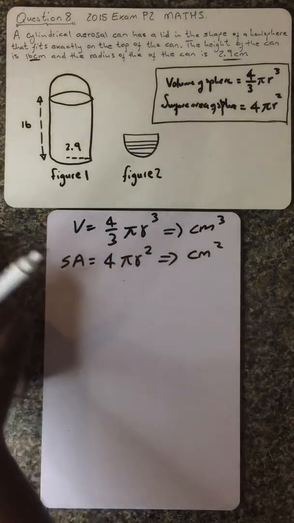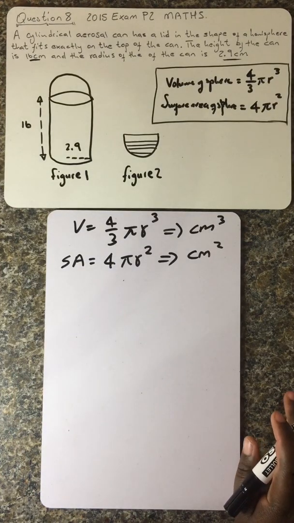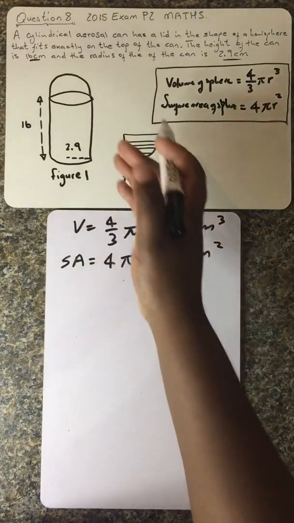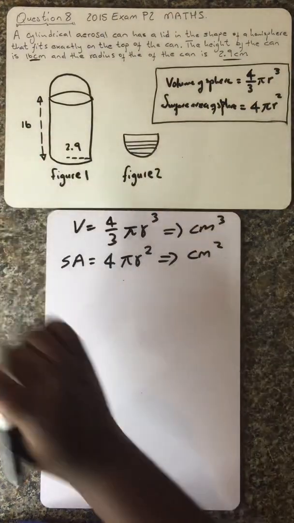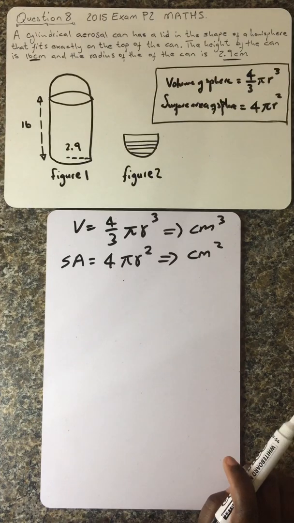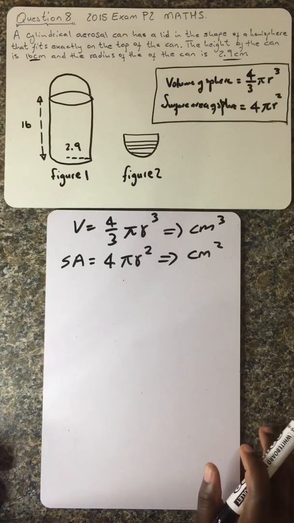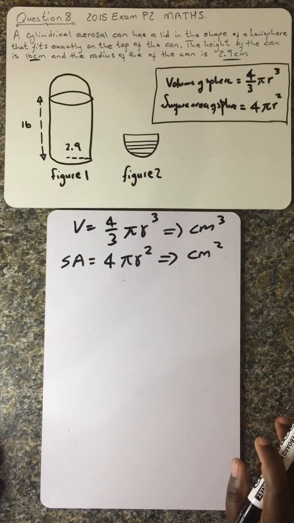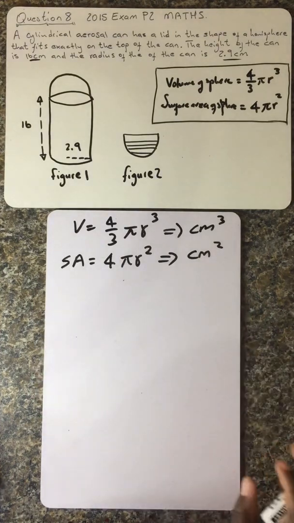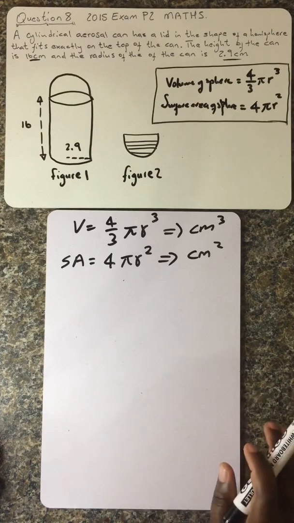Ladies and gentlemen, with regards to the surface area, it means they want you to tell them exactly how much the inside area or the outside area of that can is. For example, if they were to paint all of that can, they just want to know exactly how much paint to buy, so that the paint they bought will be enough to paint the surface area of that can, most importantly with the lid in place.